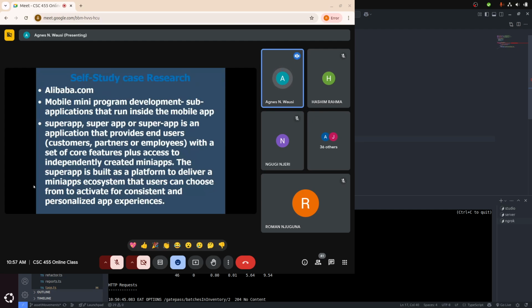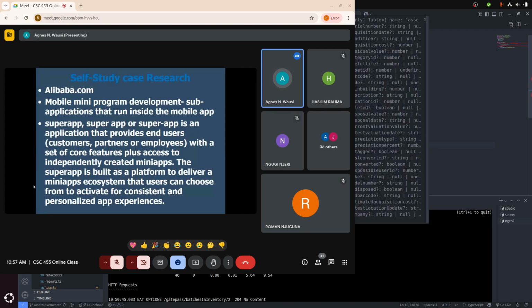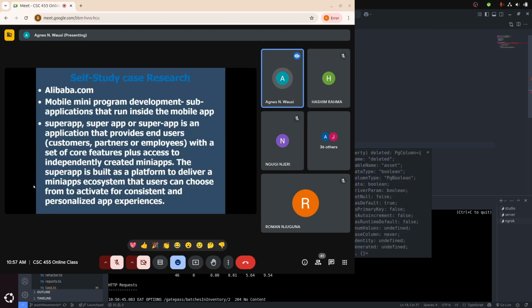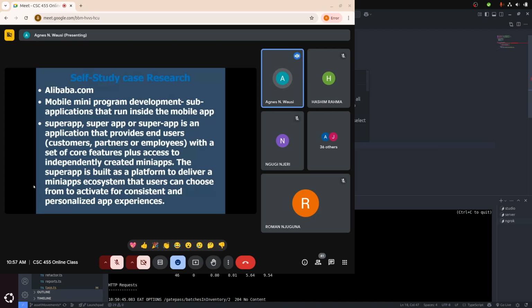Like what Jerry was describing, you don't have to leave the WhatsApp platform if you want to purchase something. So it's important to look at some of these things during your own self-study so that you understand them and see where future technological skills will be required and things like that.